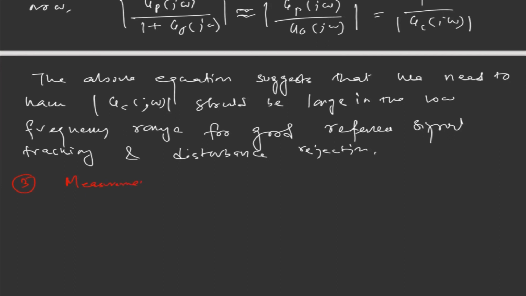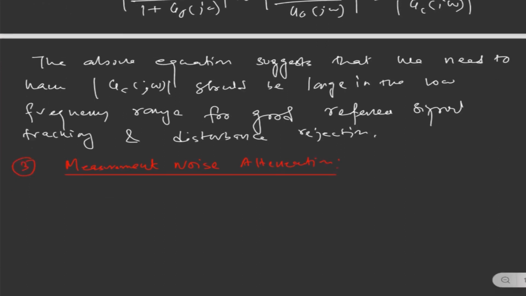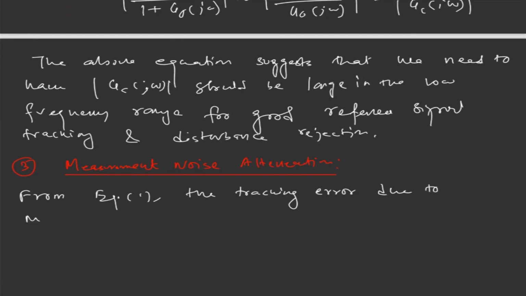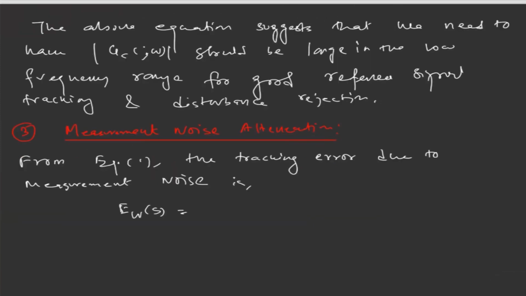Measurement noise attenuation. From equation 1, the tracking error due to measurement noise is E_W(s) equal to G naught of s over 1 plus G naught of s, times W(s).